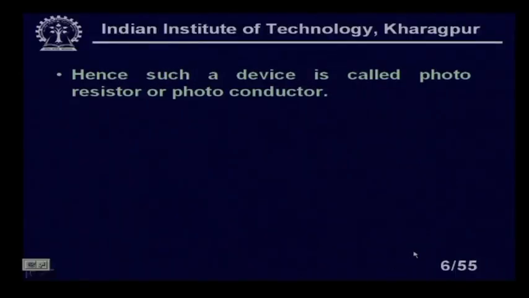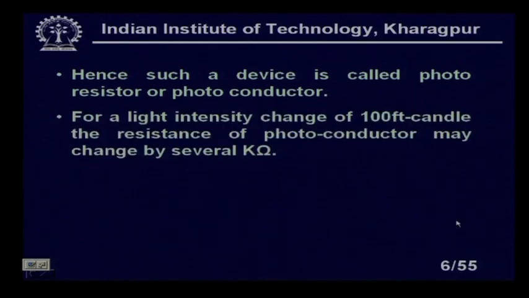In fact, there is a forbidden energy gap, so some electrons will cross that forbidden energy gap and come to the conduction level, which will change the concentration of the charge carriers. Hence, such a device is called a photoresistor or photoconductor. Clear? For a light intensity change of 100 foot candle, the resistance of a photoconductor may change by several kilo ohm.